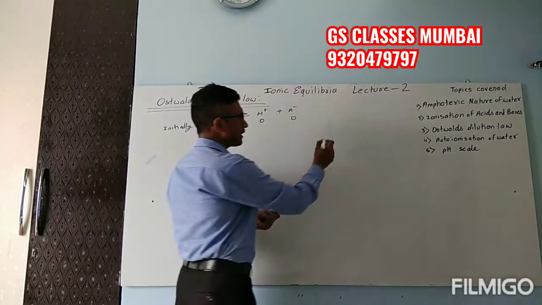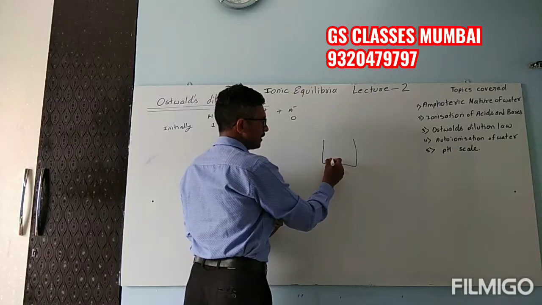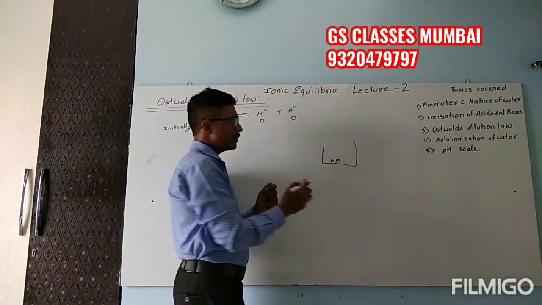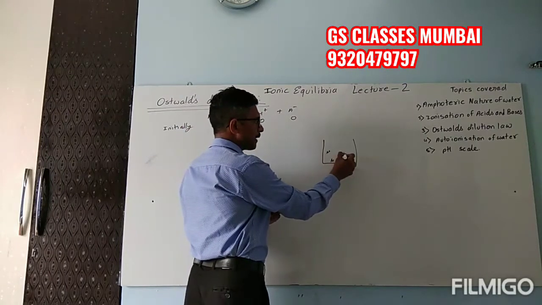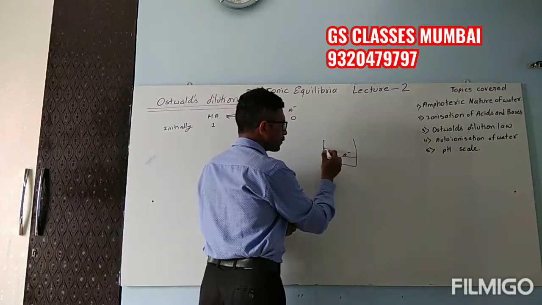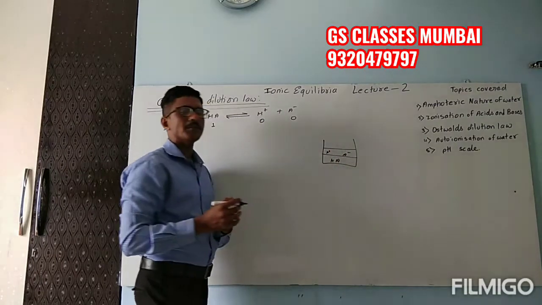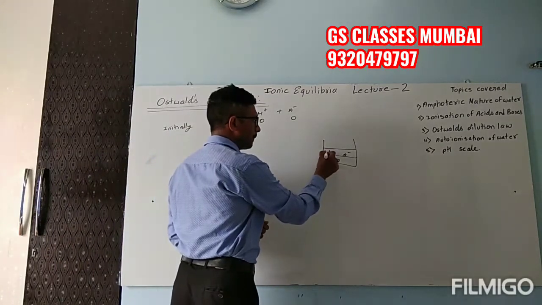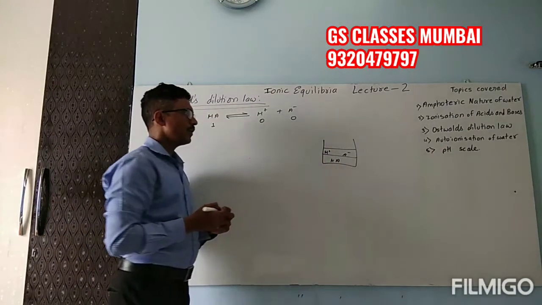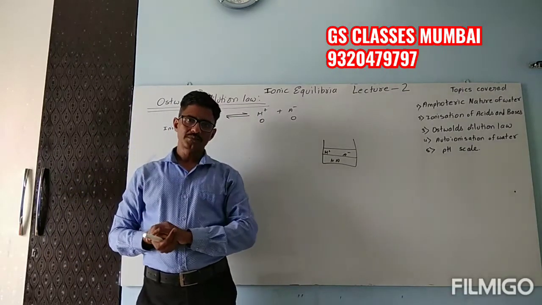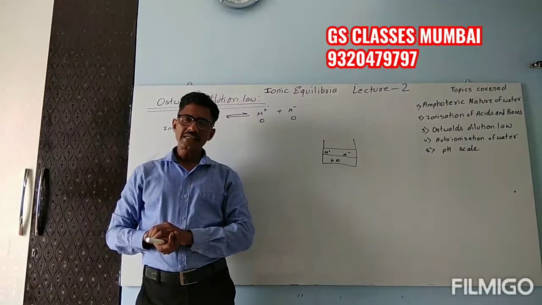I will show it with a diagram. HA is there. This is the initial stage. Then slowly H plus and A minus ions will start coming. And then there comes a stage of equilibrium. At this stage of equilibrium, though the reaction is going on, the reaction has not stopped.